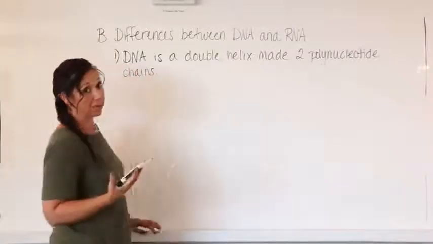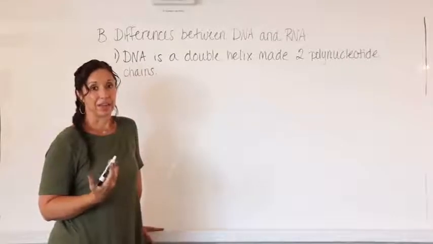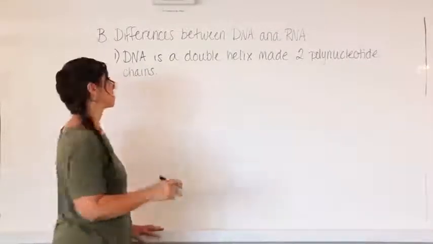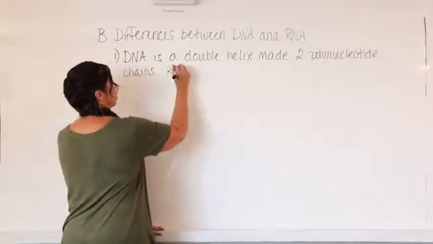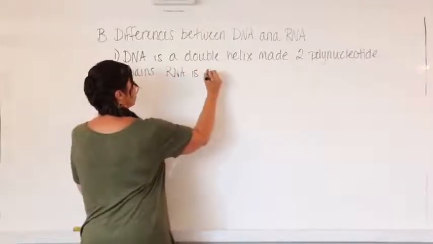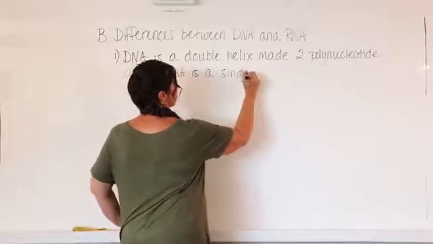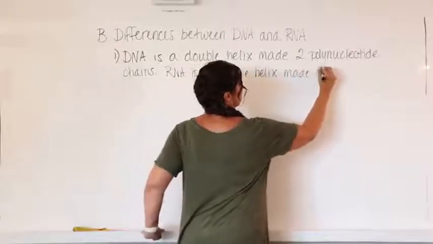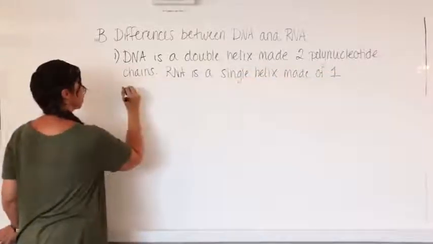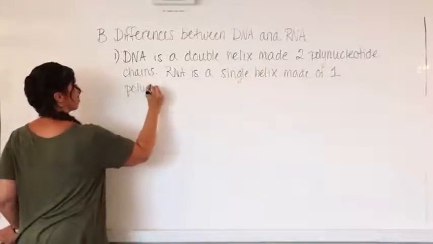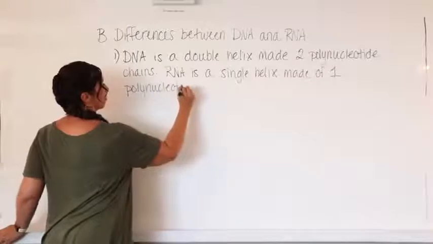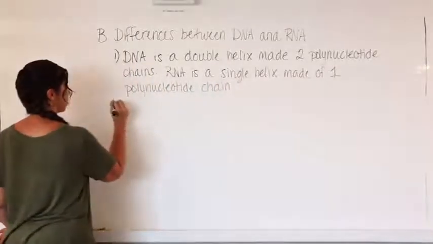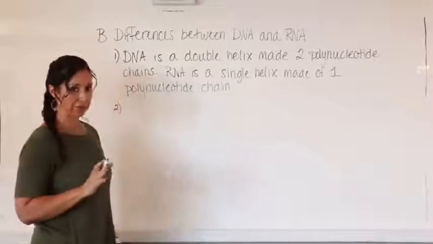So if DNA is a double helix, you could think RNA can't be. So RNA is actually a single helix made of 1 polynucleotide chain. RNA is a single helix. Okay, the last 2 differences we've already talked about, just to reiterate them.